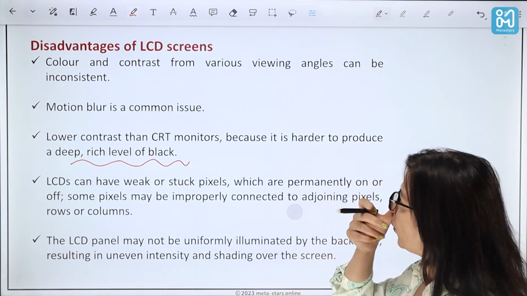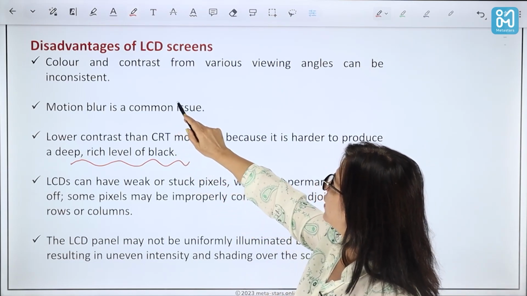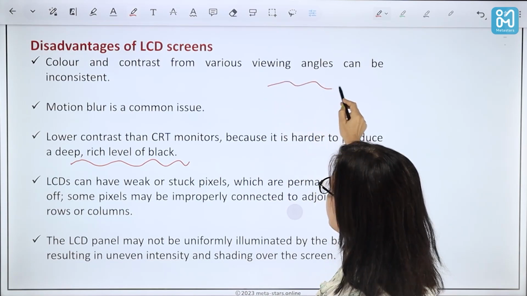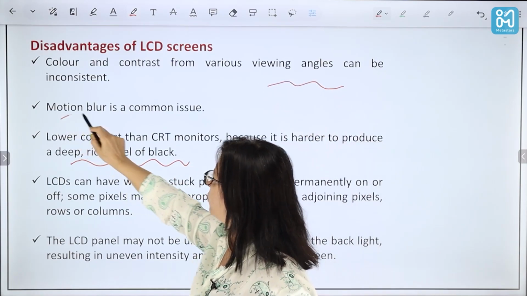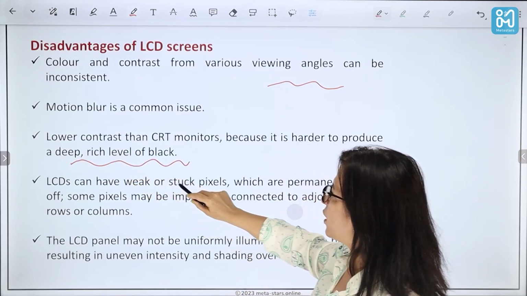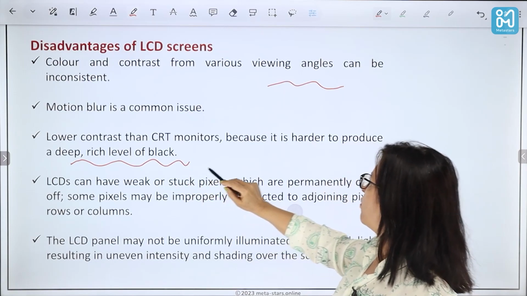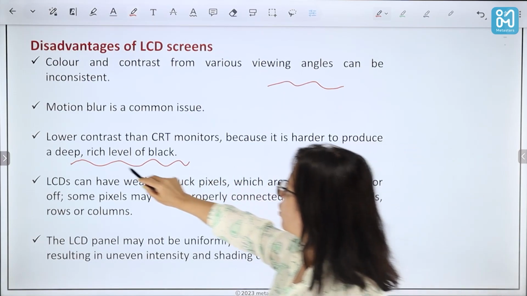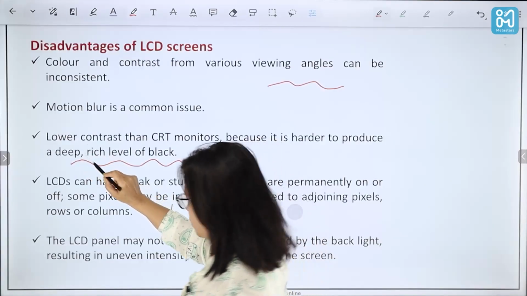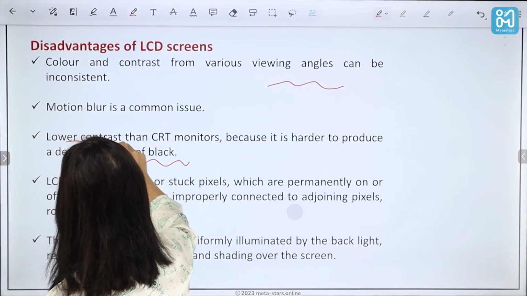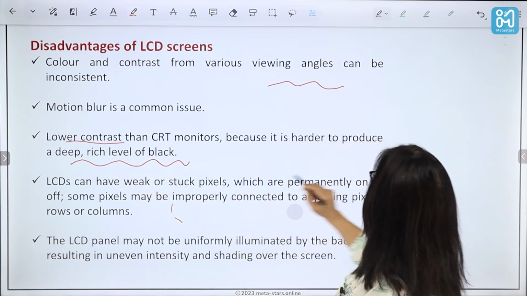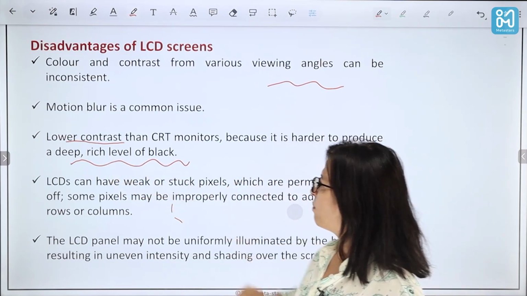So again, as we mentioned, we have a problem with the viewing angle. We have motion blur. And we do not have a very rich black level, so it will be lower contrast than CRT monitors, because of the poor level of black.